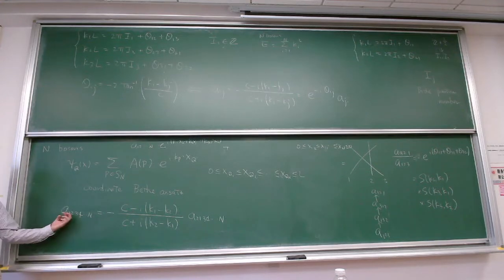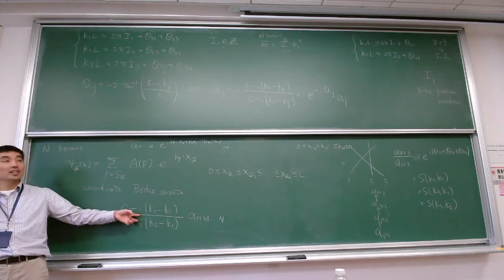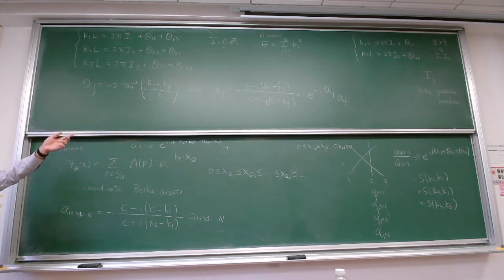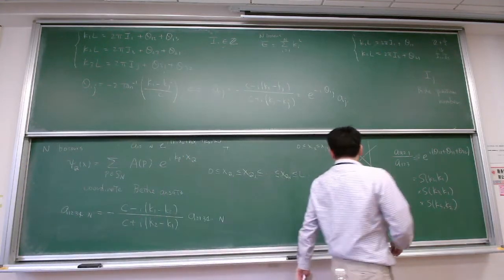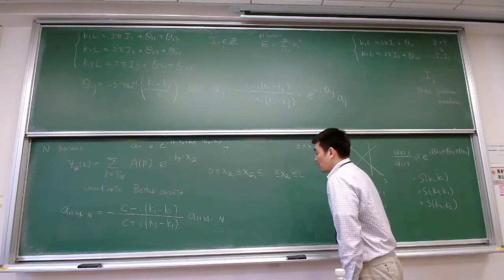If you permute two indices, you get this factor. That's the same as the two boson states, and you just have multiple copies of the case.